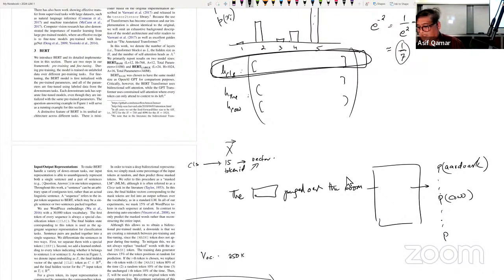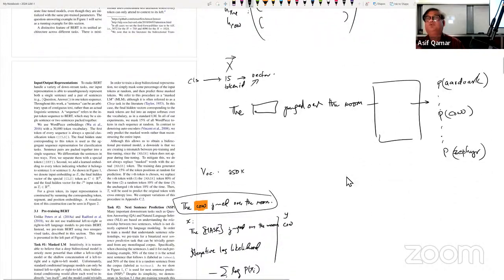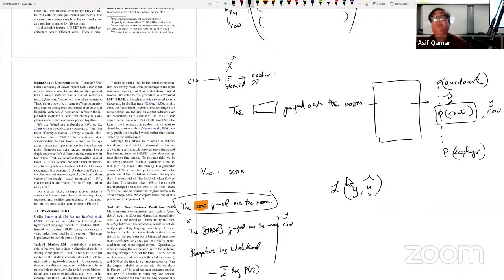Let's say the last word. You have probabilities of all the words. How do machines learn? Let's go back to the basics. From this probability, and I know that the answer was cow, this is your Y hat and this is your Y. By looking at the gap between Y and Y hat, label and prediction, you can create a loss function. If it was a cow, the probability should have been 1.